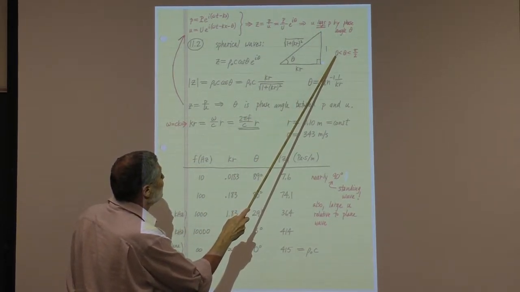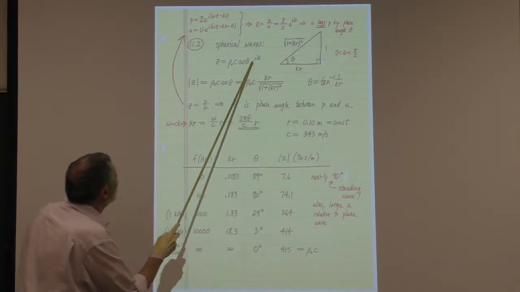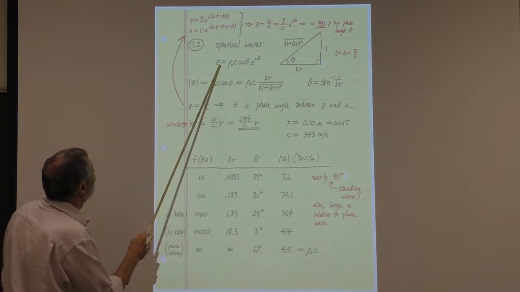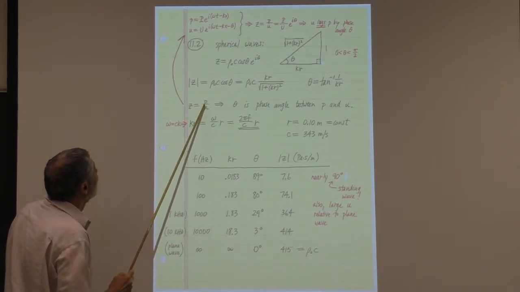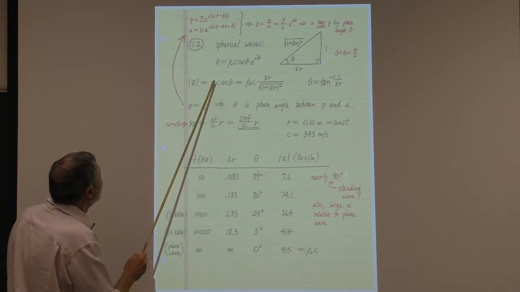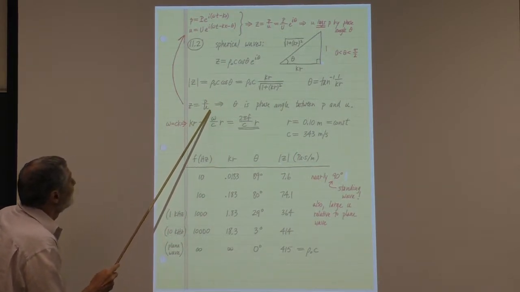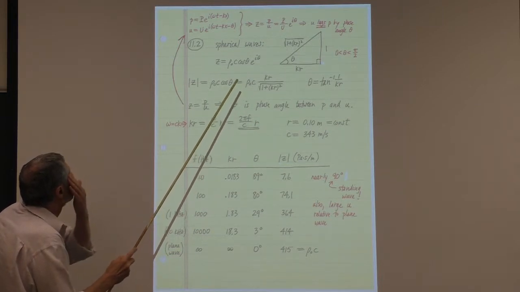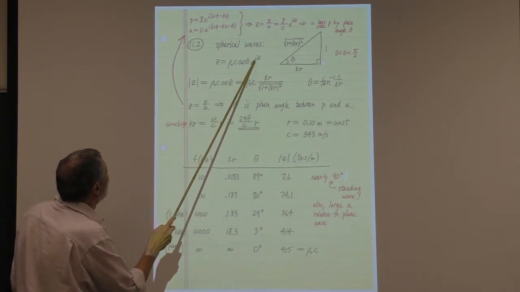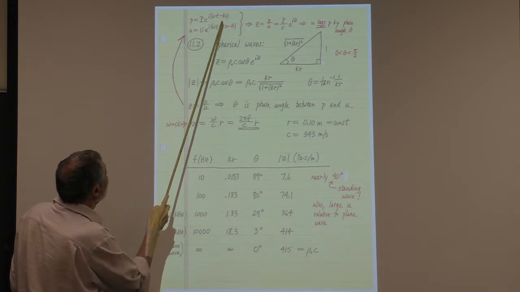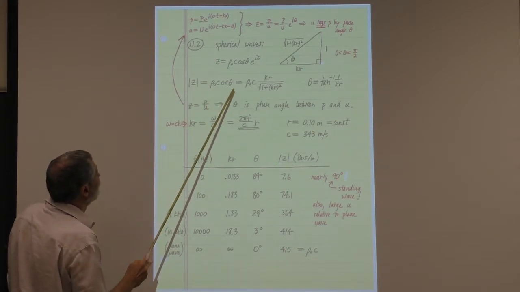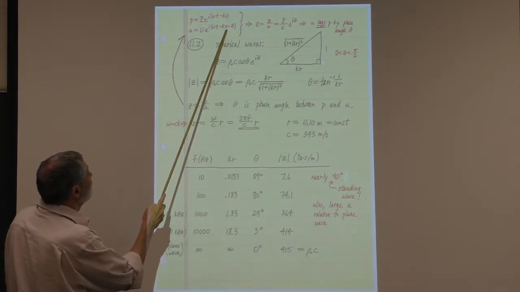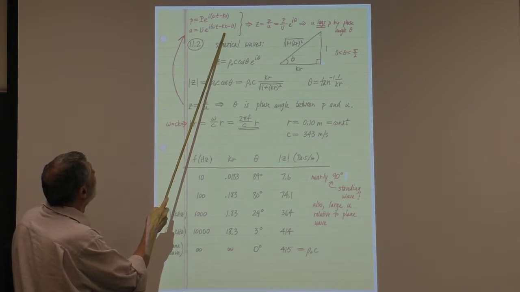It's restricted between 0 and pi over 2. Z is p over u, right? So you can see here that I can put the theta in the argument for the pressure, or I can put it in the velocity. Either way, we're going to get the same answer.